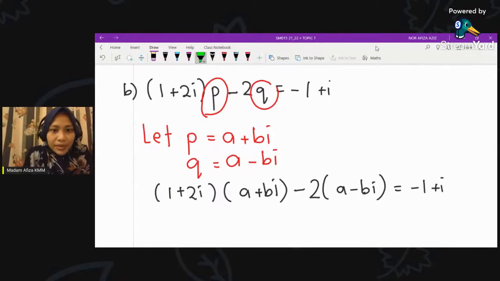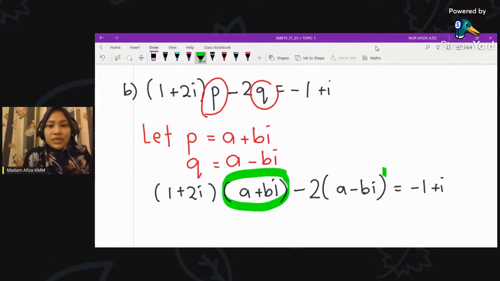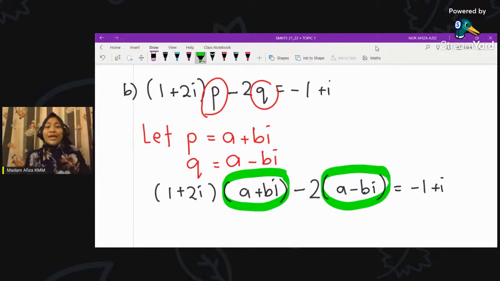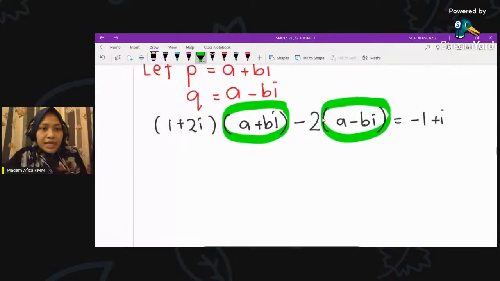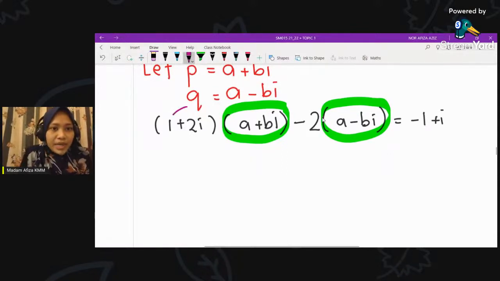Here you can see I substitute P and also Q, because now the question says P and Q are complex numbers. Now we will expand as usual. We have 1 times a, which is a, and 1 times bi, we get plus bi.